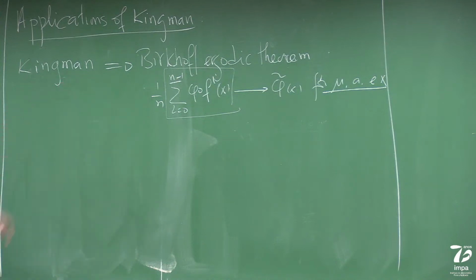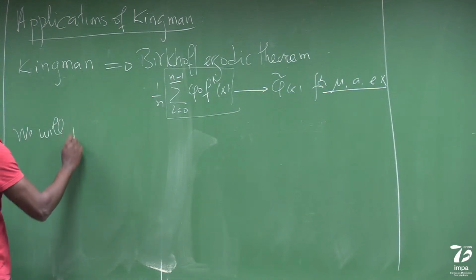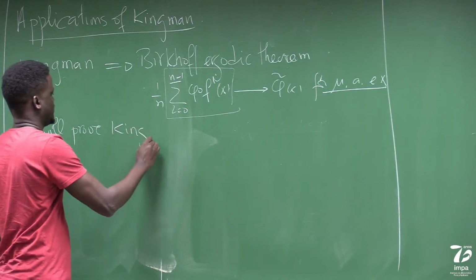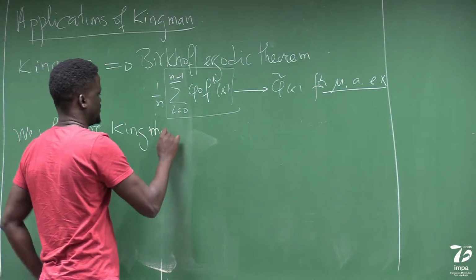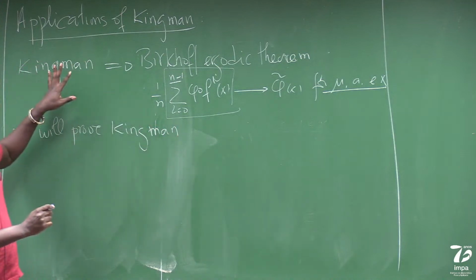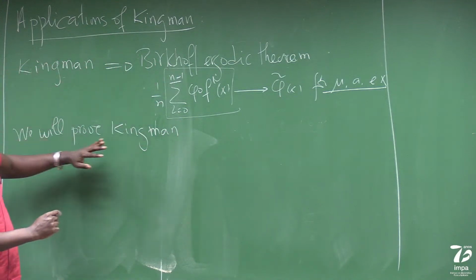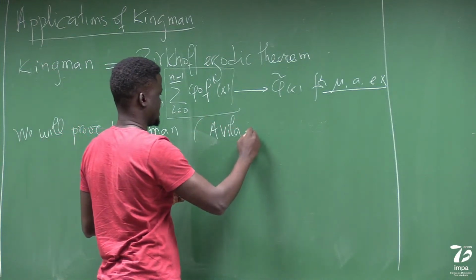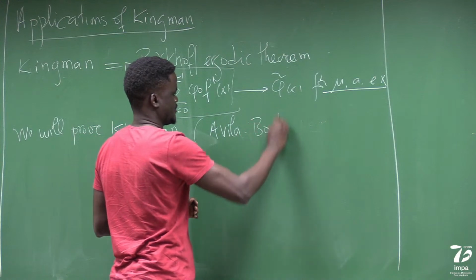The proof of Kingman that we will use here was given by Avila and Bochi.